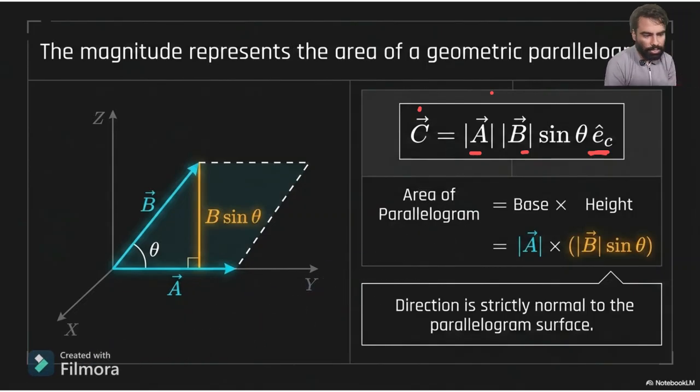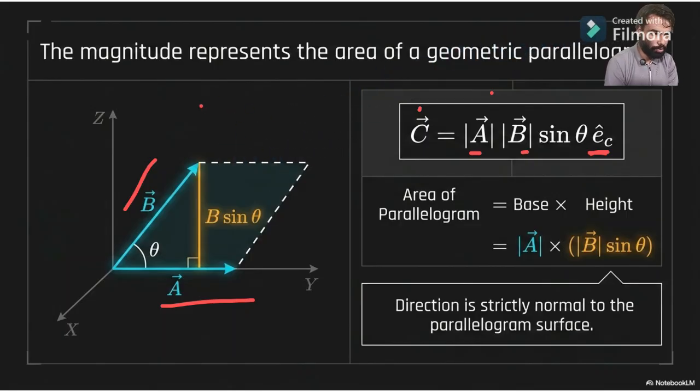Now the cross product has a more interesting property. The magnitude of the cross product always represents the area of a parallelogram. Suppose this is a and that is b. How does it represent the area of a parallelogram?